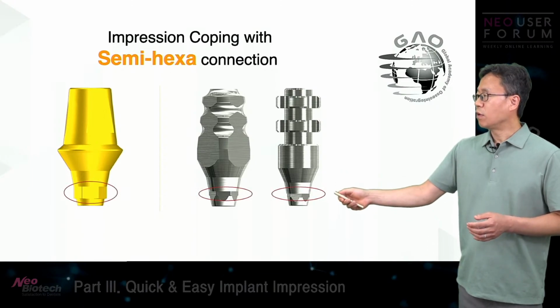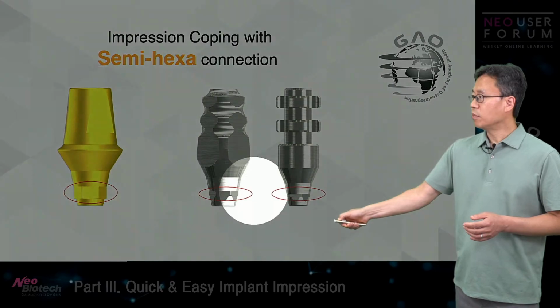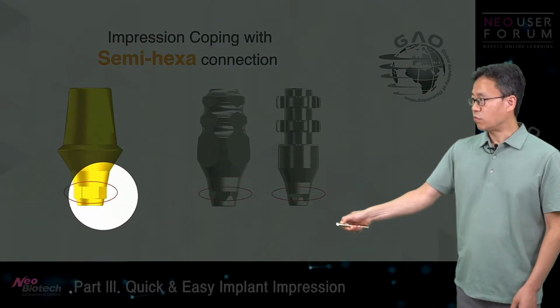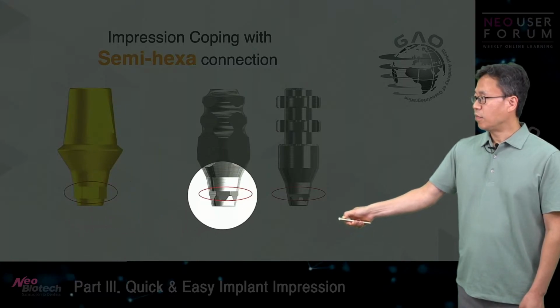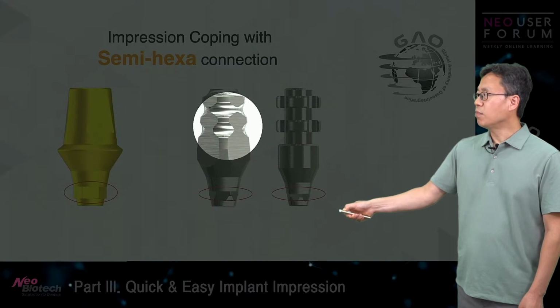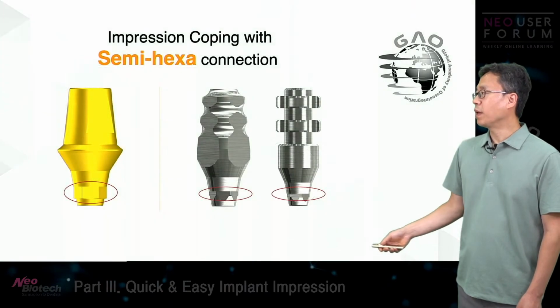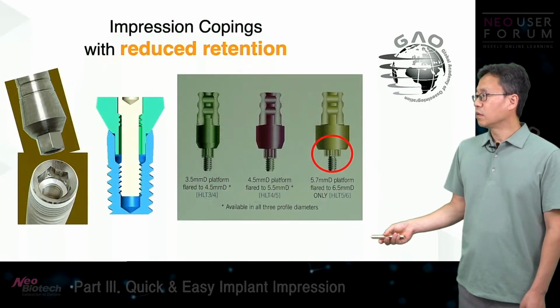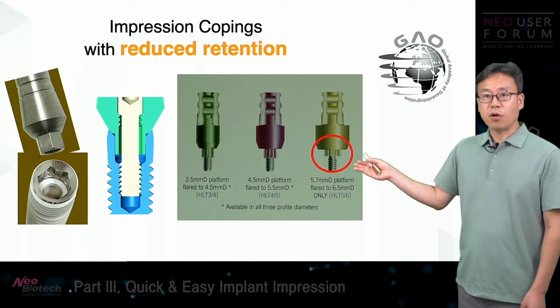So the regular prosthetic abutment looks like this. It's regular hexa, but the hexa portion of the implant impression coping looks a little bit different. The same with Zimmer implant.